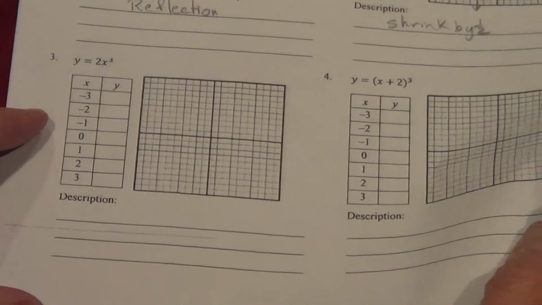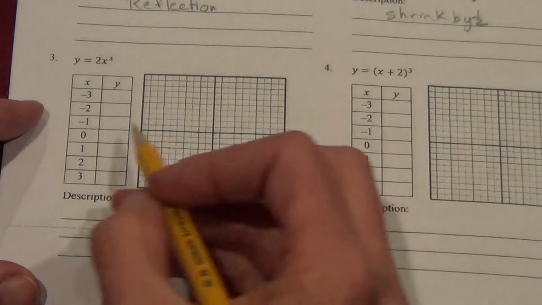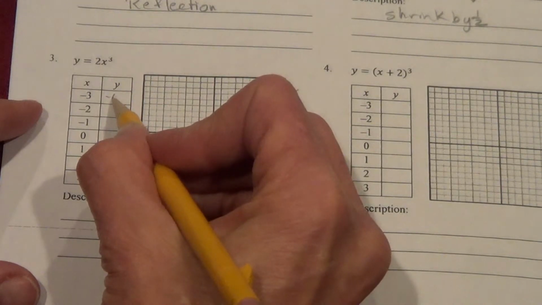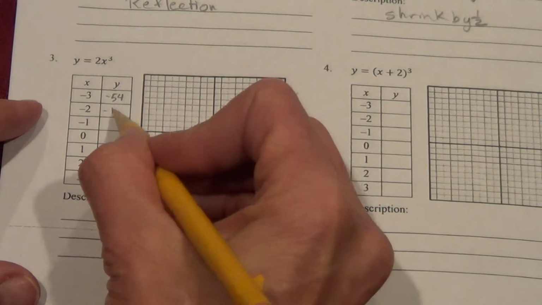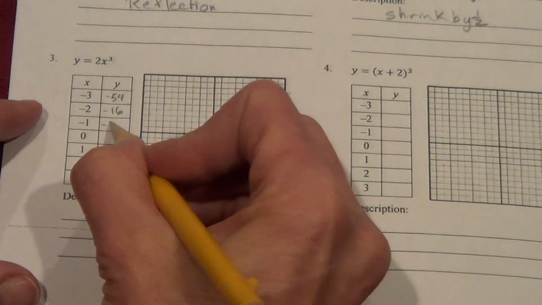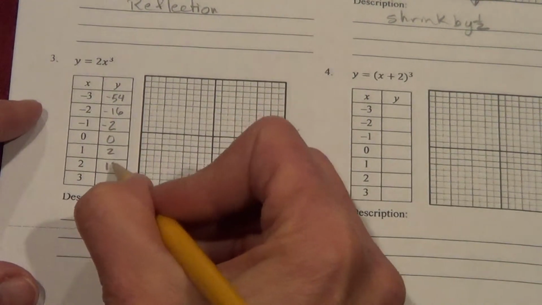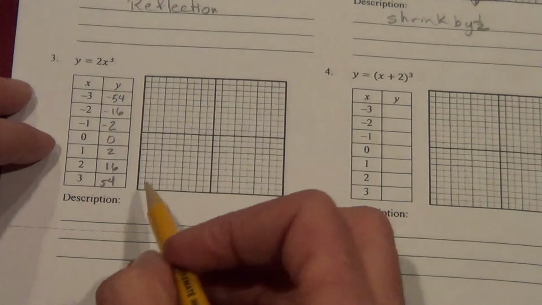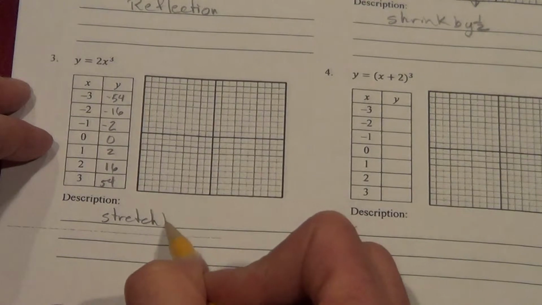And now on this one, it is going to stretch by 2. So it's going to be a little bit challenging to graph. We know that it's stretching by 2.